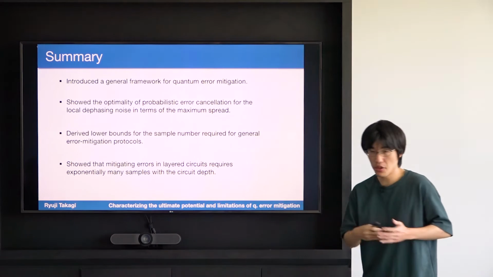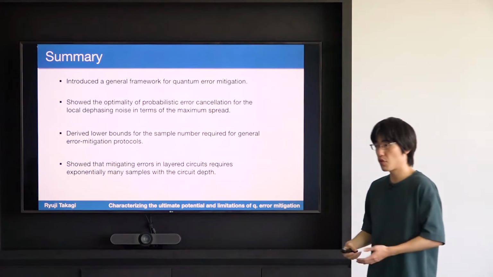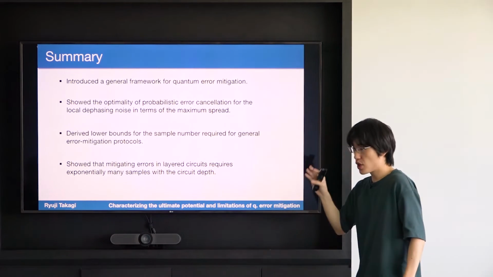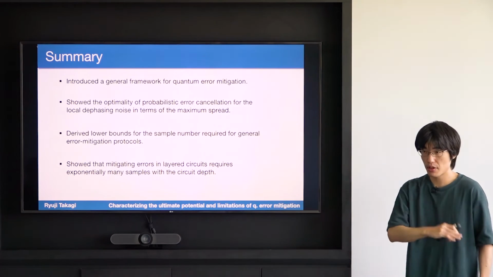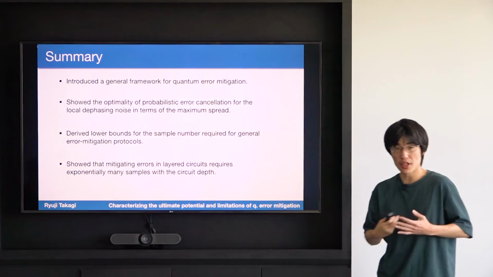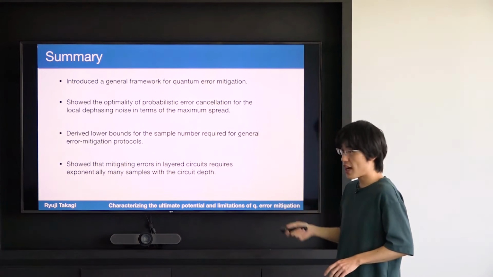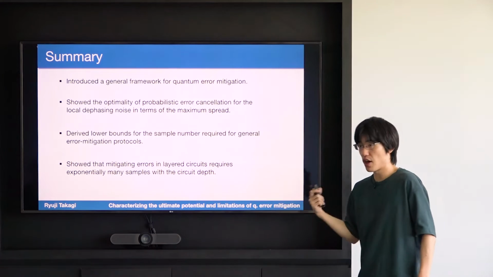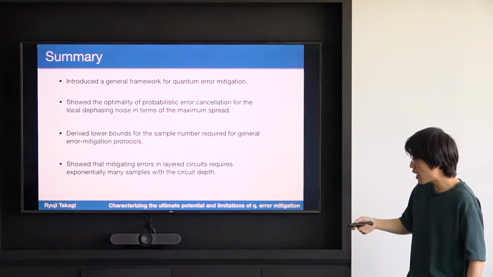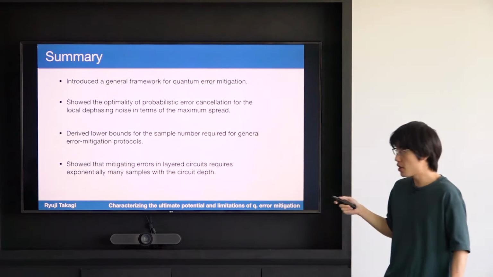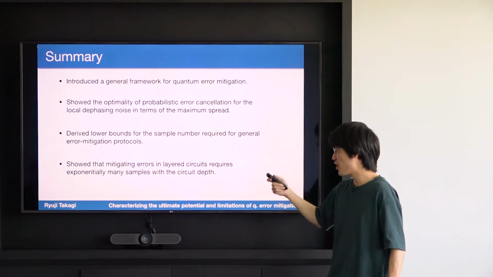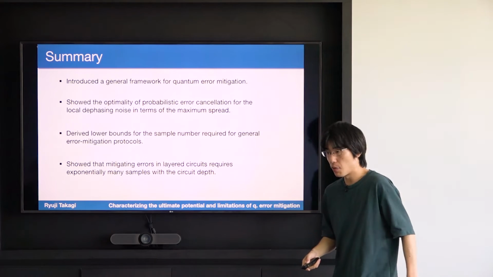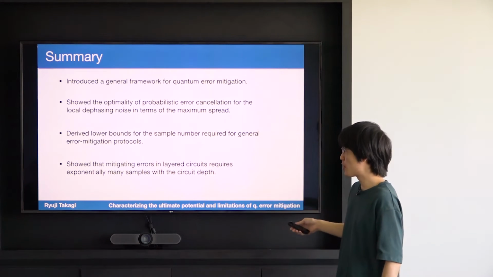And we also pointed out some subtleties of using the specific figures of merit used in the previous discussion. And we came down to the necessary sample number that we need to use, and derived lower bounds for such sample numbers required for general error mitigation protocols. And as an application, we showed that mitigating errors in these layered circuits requires an exponential number of samples with respect to the circuit depth.